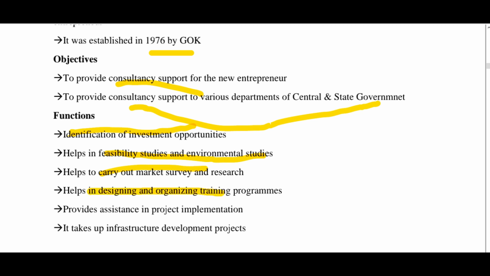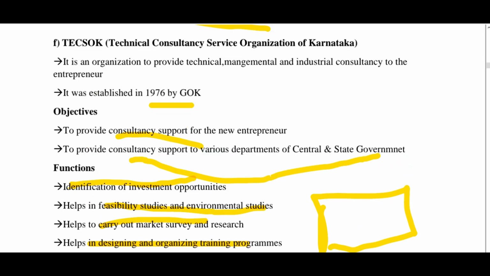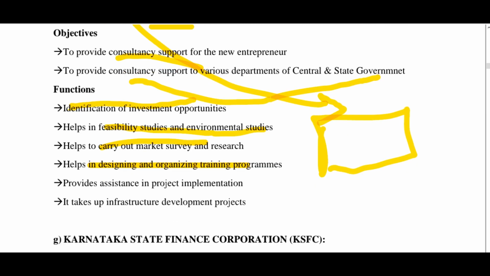They help in designing and organizing training programs. They not only work for the government, they can also take up internal work of an organization. Suppose an organization wants to train its employees, TECSOK can send its representative to train those employees. They provide assistance in project implementation.